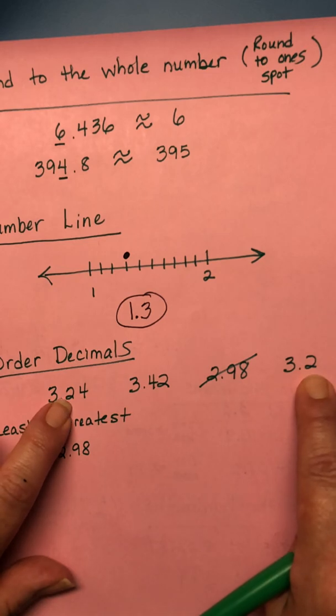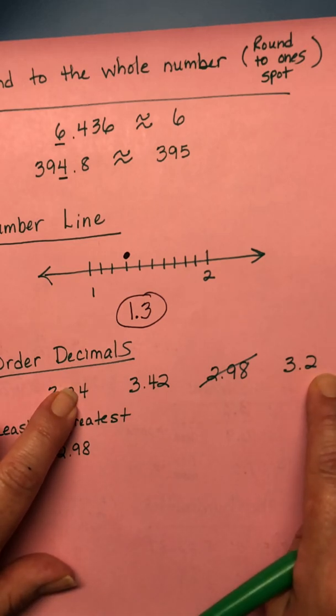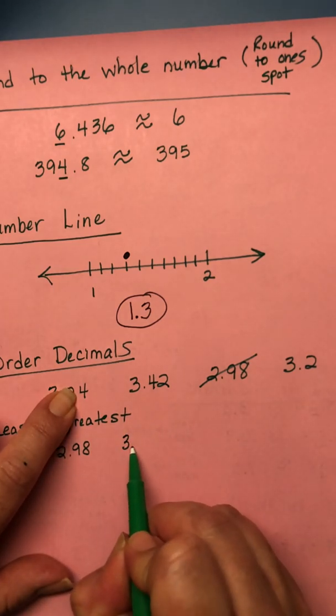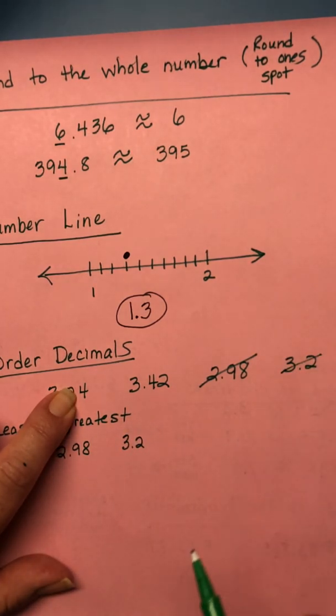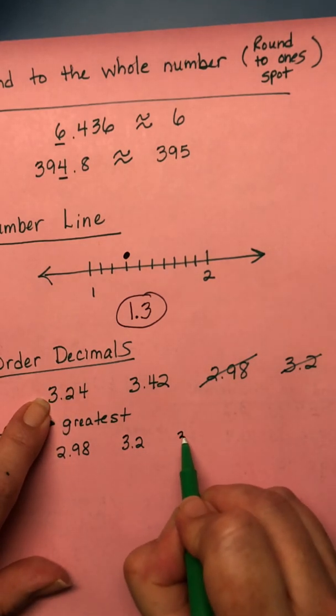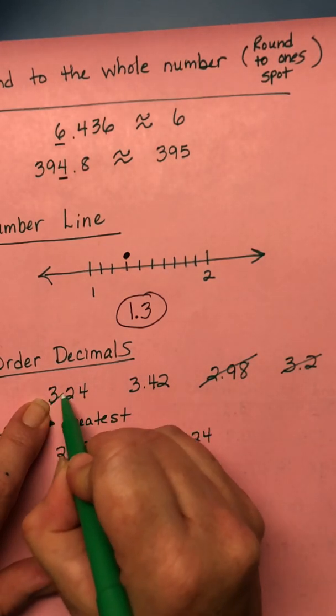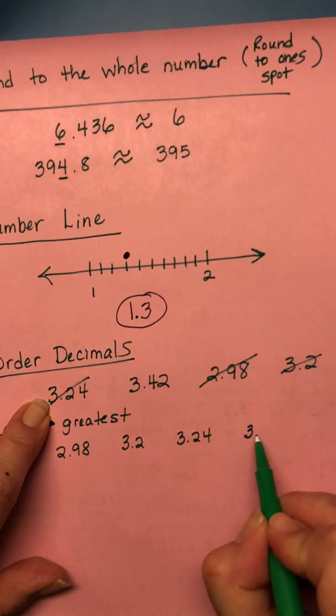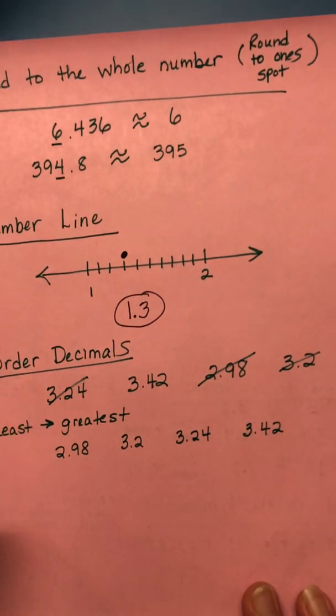Now it's double war, so I'm going to 4 and nothing. What's smaller, 4 or nothing? Well, obviously nothing is smaller. So my next one is 3.2. And then obviously 3.24 is the next one. And the biggest number is 3.42.